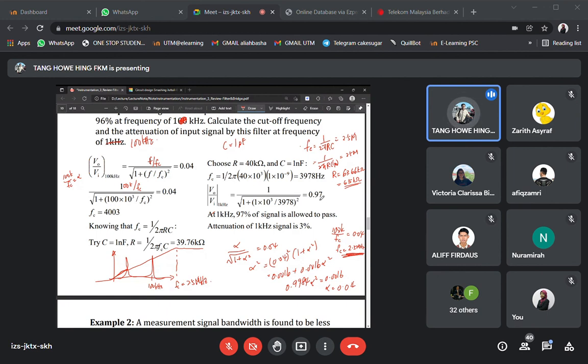And therefore, the new cutoff frequency will be 2 pi 65K, and I'm using 1 picofarad, so 1 pico. So the cutoff frequency is 1 divided by 2 times pi times 65K, times 1 pico.